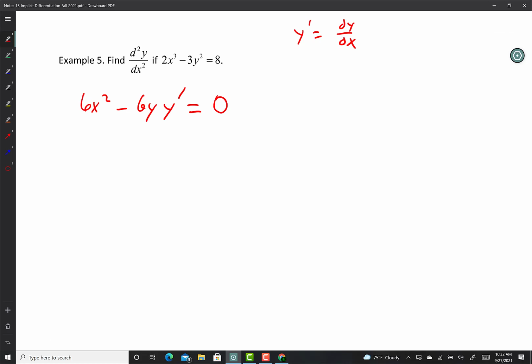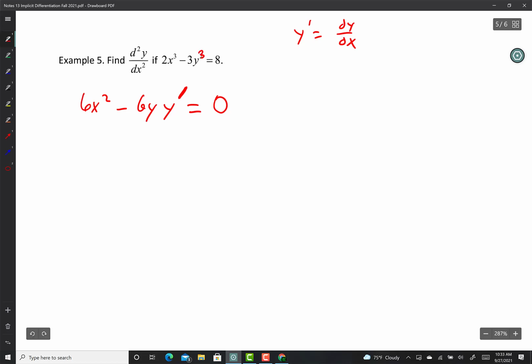If it was like y to the third, where would you put the square? If it was y to the third, then I would have 6y squared, and then still y prime. But if I had a power, I would probably just use dy/dx, because sometimes these look like ones. It's always going to be y prime, dy/dx: 6y squared, not 6y dx squared.